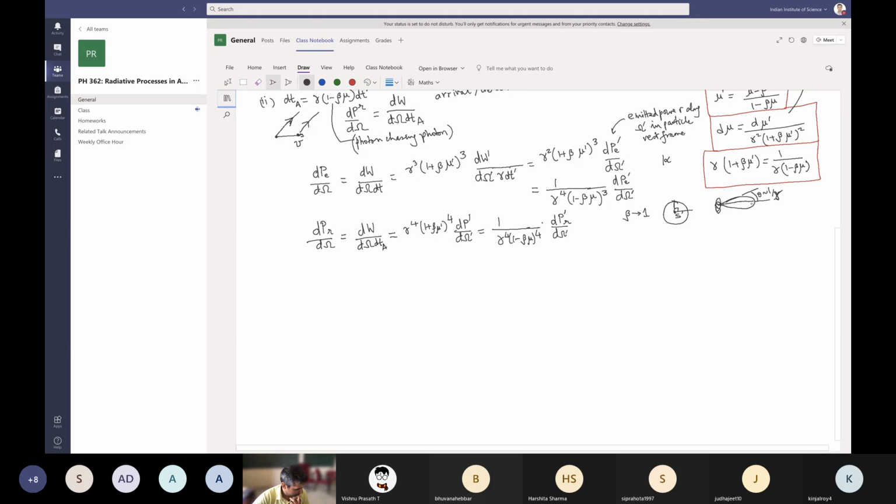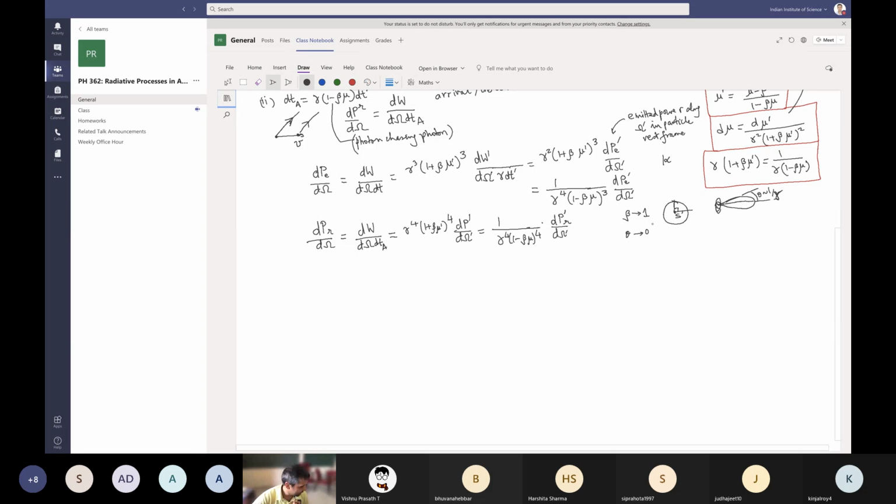So most of the radiation comes in a very small angle, so we can take beta going to 1 and theta almost 0. This is the relativistic limit.